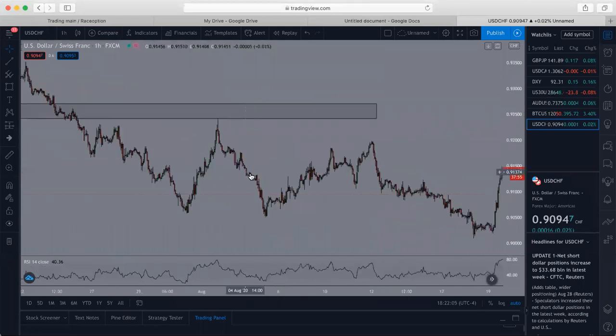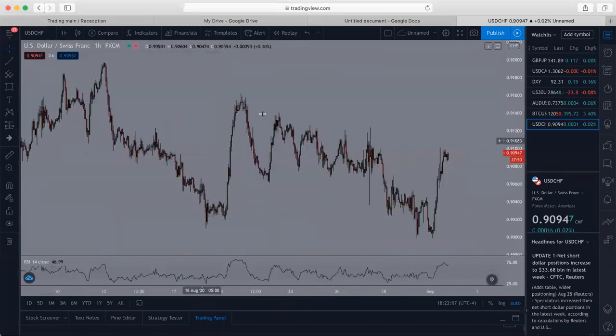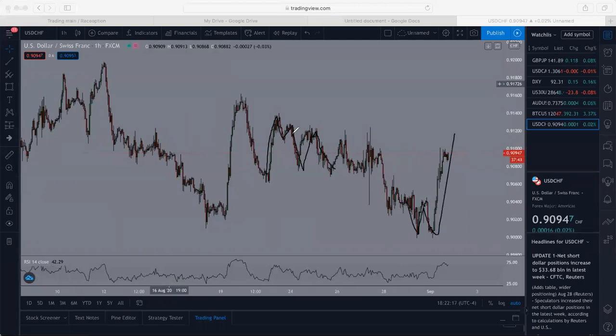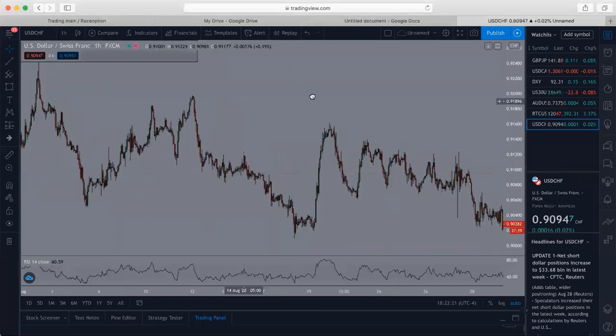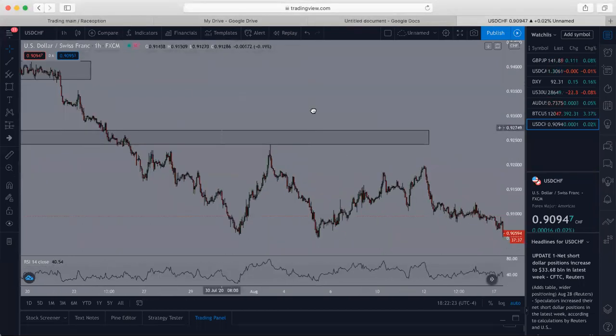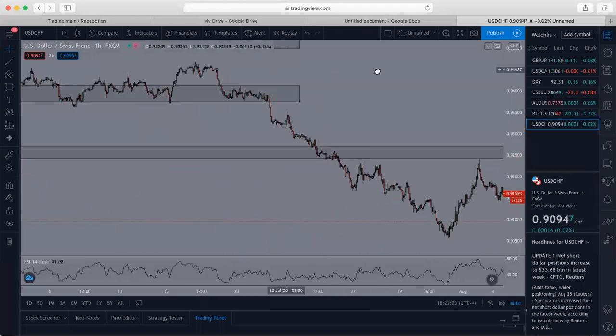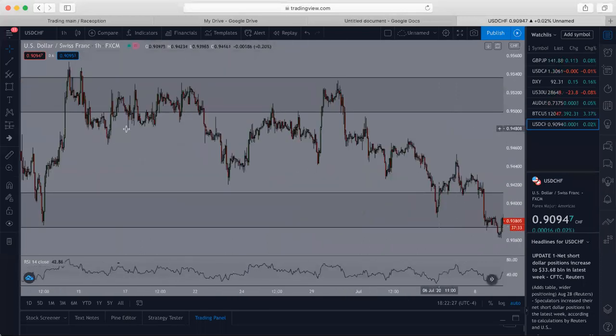This one, let me see a cleaner. And all of these are kind of M's. M, M, and then, yeah, W. So it really is just kind of training your eye to see it. I want to show you guys a head and shoulders, though. There was a couple, but I want to see a super, super clean one.